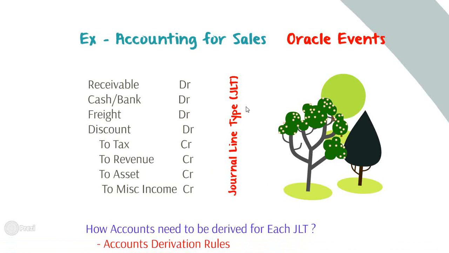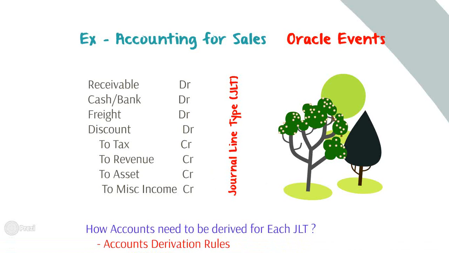So this is a receivable line, but from where should the receivable account be fetched? Or let me give you a simple example; all of you are familiar with payables. So in payables, when I'm matching an invoice with a PO, from where should the expense or the account come? Let's say the liability account, normal. So from where should the liability code combination, the entire code combination, come?